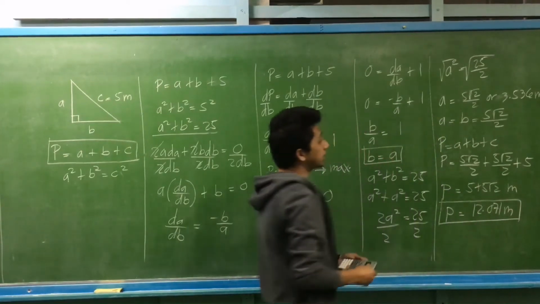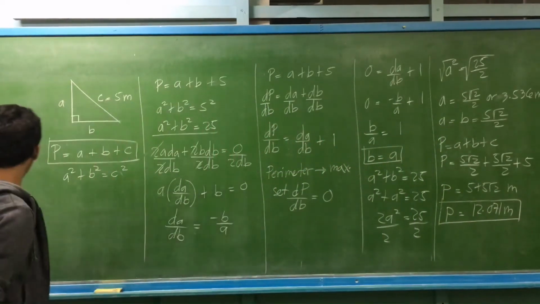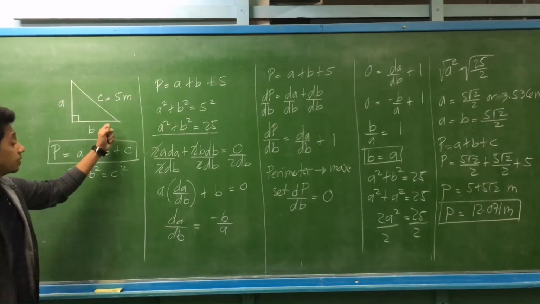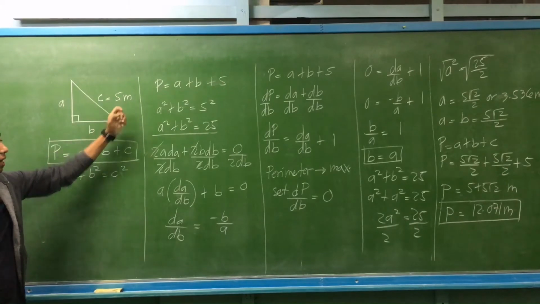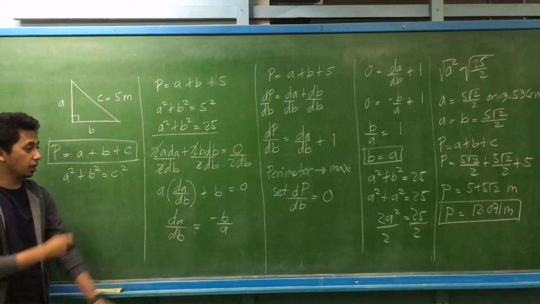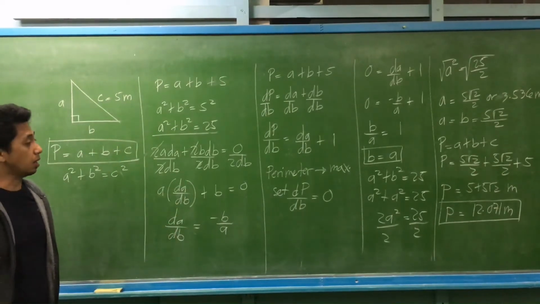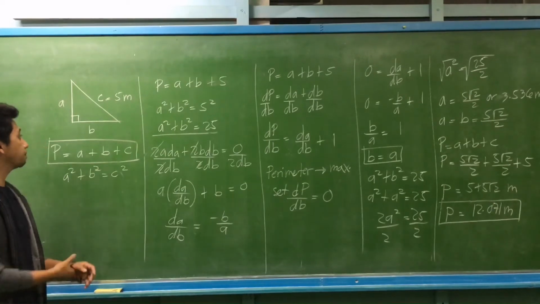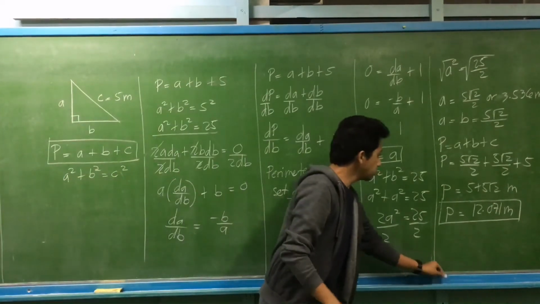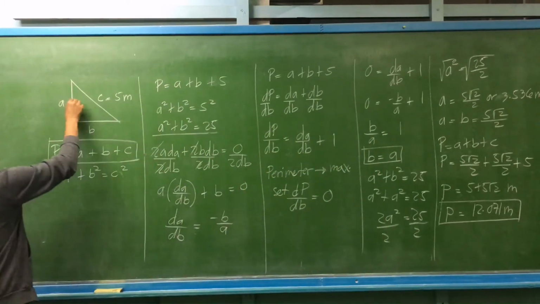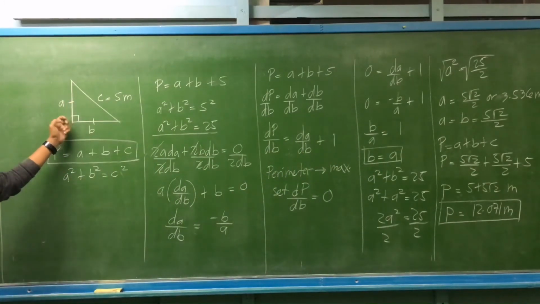So for a triangle, kapag yung right triangle na kapag yung length ng hypotenuse niya is 5 meters, ano yung maximum perimeter na pwede? That is 12.071. Or dapat, since equal naman na daw si A at saka si B, this is an isosceles right triangle.